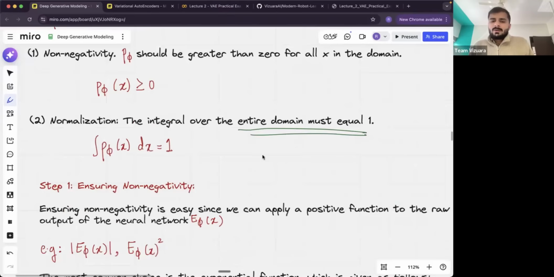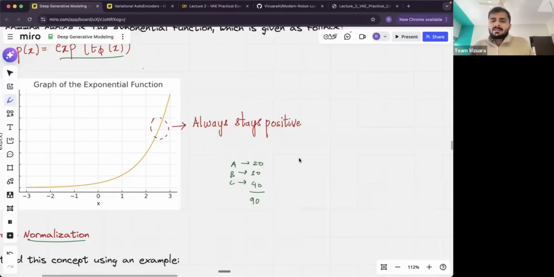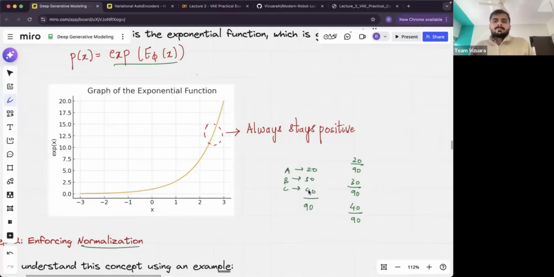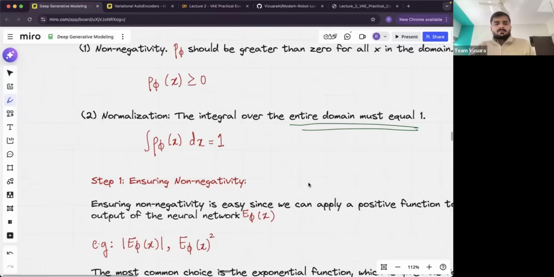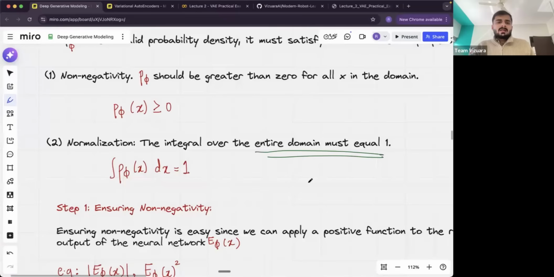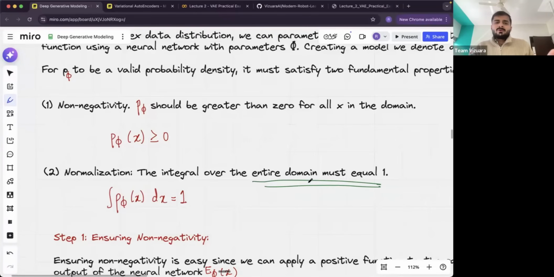So usually what people do is divide these values by the sum. So A becomes 20 by 90, B becomes 30 by 90, and C becomes 40 by 90, so that all of this adds up to 1. So whenever you see any deep generative model, people have constructed the model in such a way that, first, all the outcomes should be non-negative, and the integral over the entire domain should add up to 1.